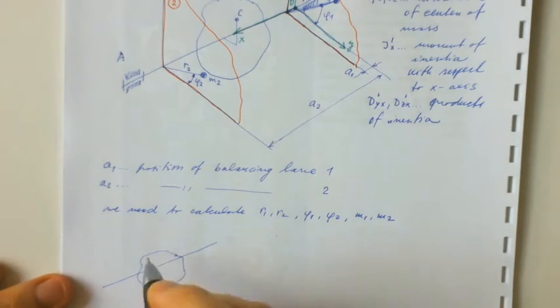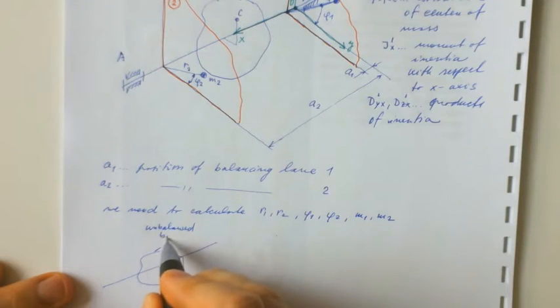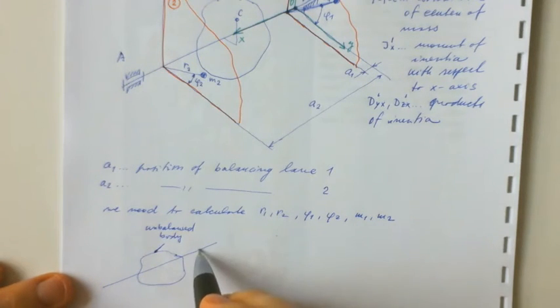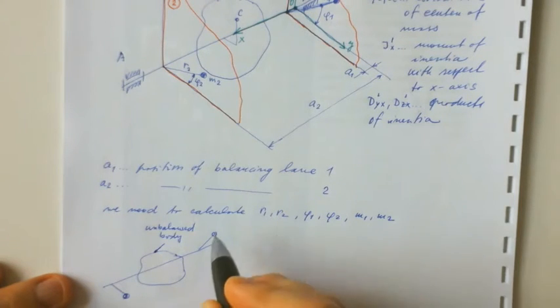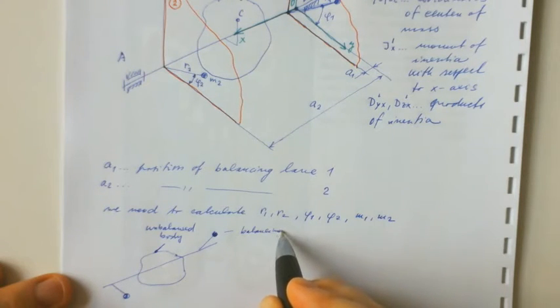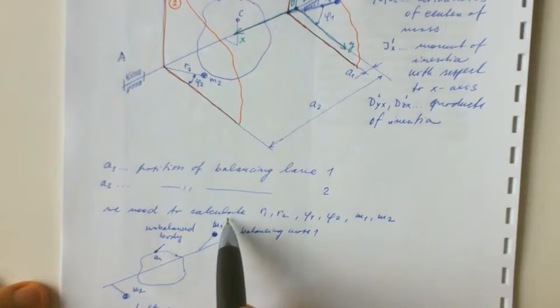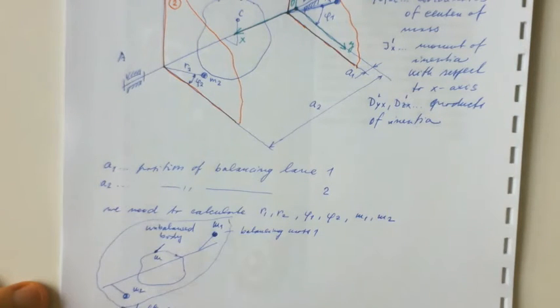So this is the unbalanced body, and there are balancing masses: balancing mass 1 and balancing mass 2, M1 and M2, and all this is the balanced body.